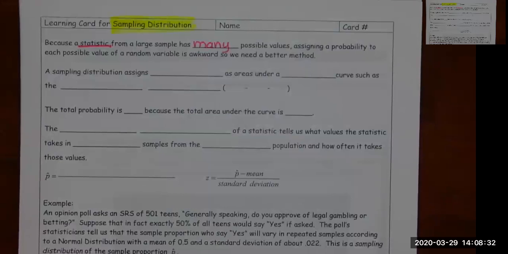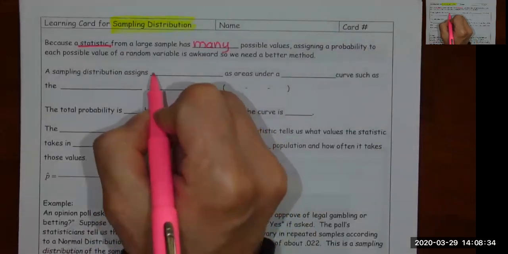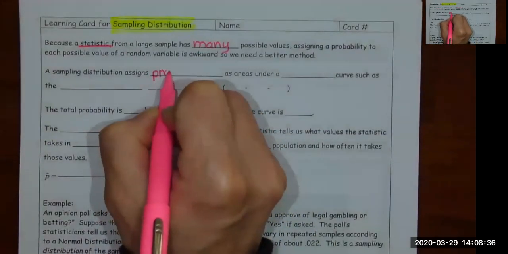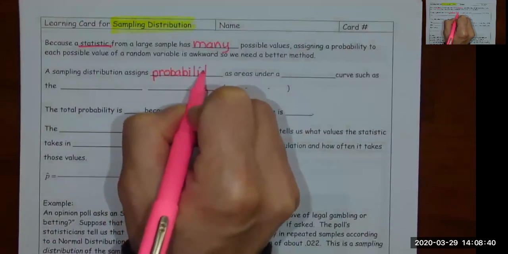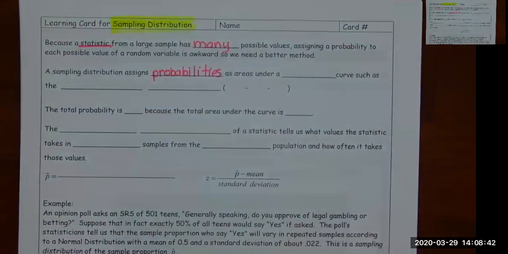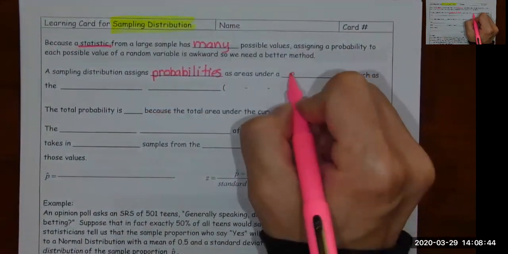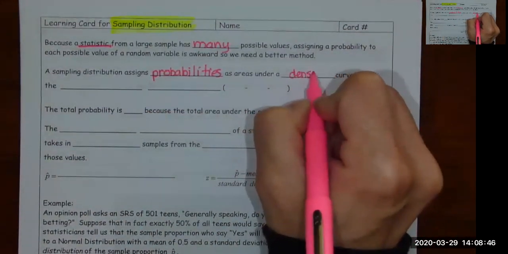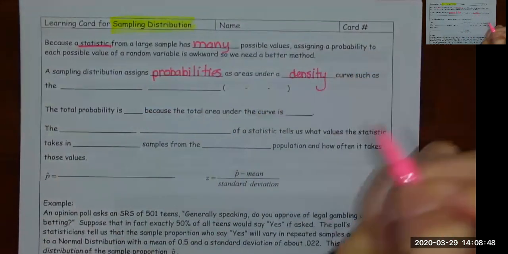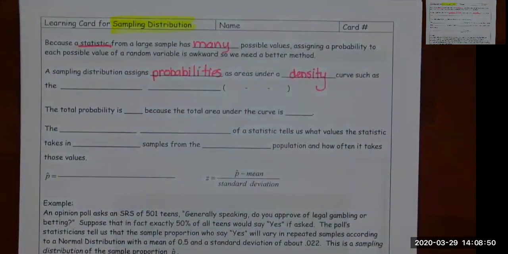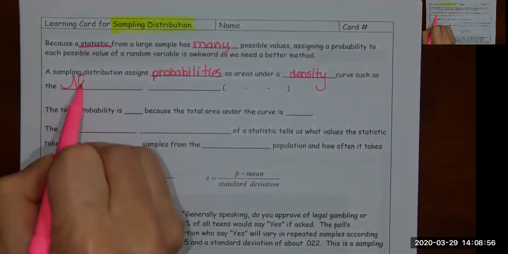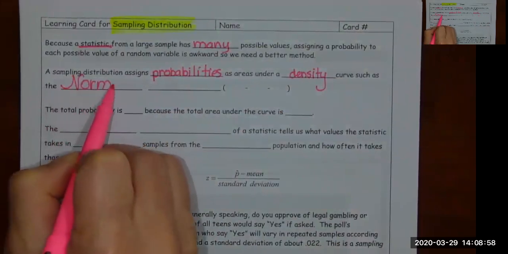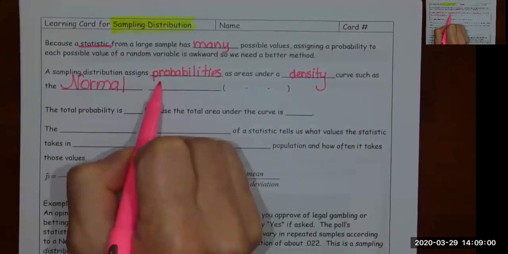A sampling distribution assigns probabilities as areas under a density curve, such as, do y'all remember, what is it called? We studied it in great detail in the fall, the normal curve.